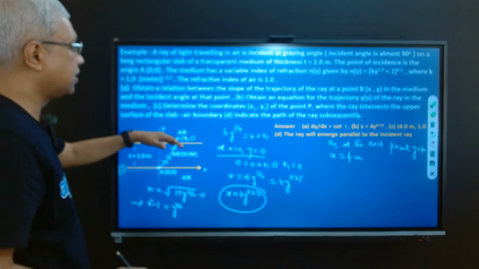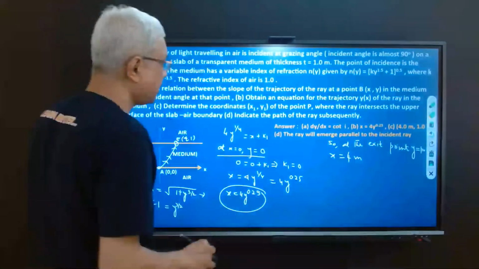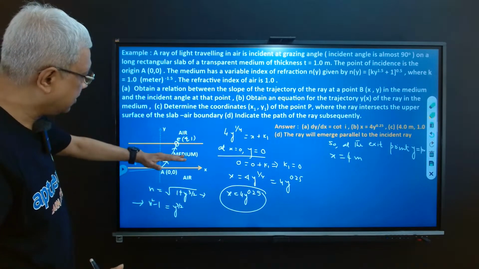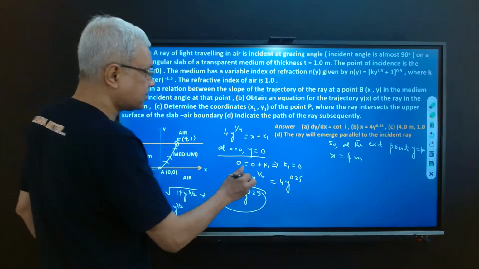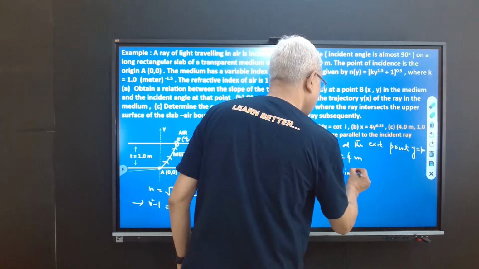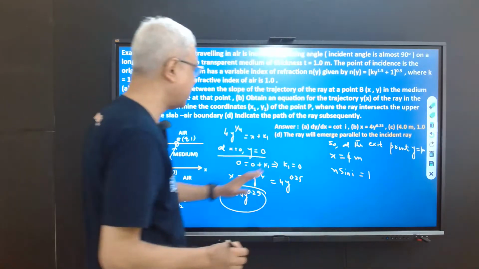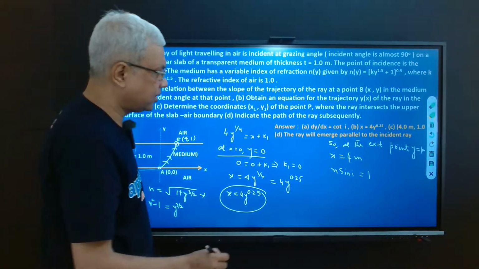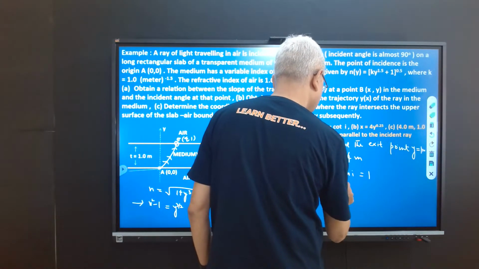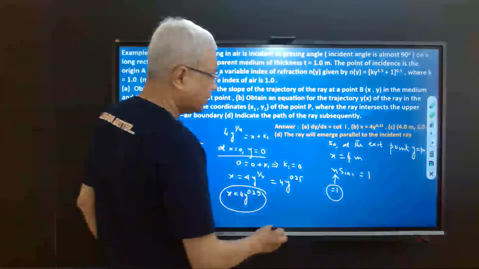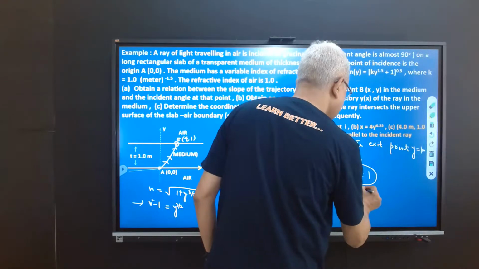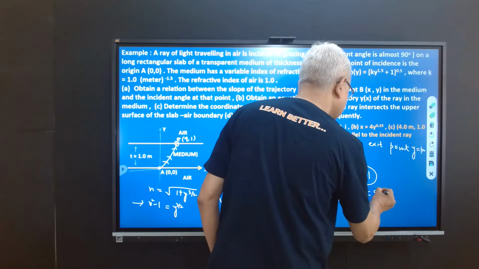Now next is to indicate the path of the ray subsequently. As soon as it comes out of the slab, again Snell's law is satisfied. n sin i is equal to unity, because we have seen that the value of the constant is unity, and since n is 1 outside the slab, sin i becomes unity, so i again becomes 90 degrees.